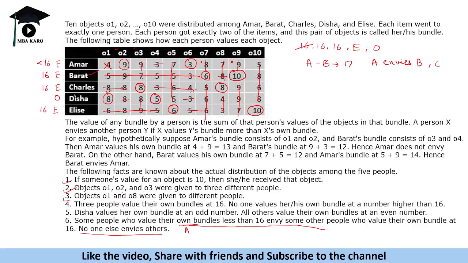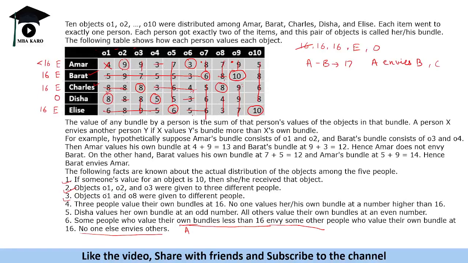So fine. Charles should also not envy anyone. Amar is getting 12, Charles is also giving him 12, so Charles will not envy them. Charles is anyway not envying Bharat. Charles will not envy Disha also now because Charles is giving 11 points, and Charles will not envy Alice also. So Charles is not envying, right? Alice should also not envy anyone.